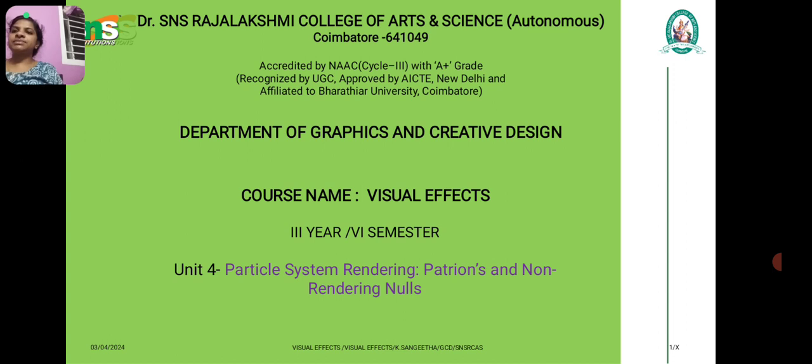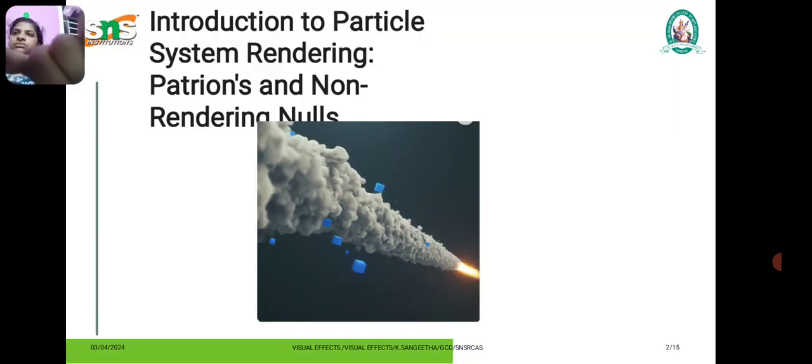Here I am going to explain about particle system rendering, patterns and non-rendering nulls. In visual effects, particle systems are used to create a variety of effects like smoke, fire, explosions and even swarms of insects.